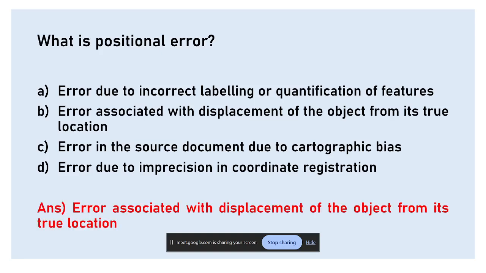The answer is the error associated with displacement of the object from its true location. Positional error means the object is at one location, but while measuring, you measure it with a displacement from its true position. Then you call it positional error.